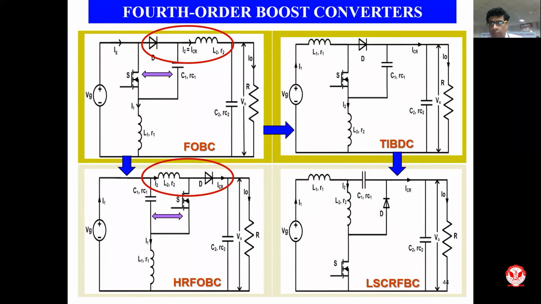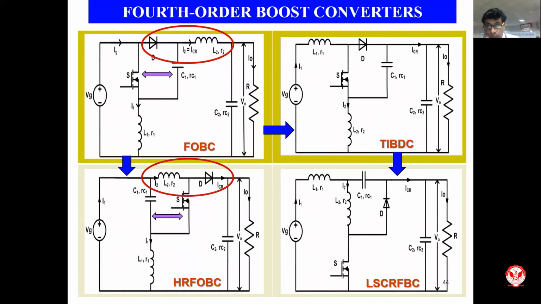So at one end it improves the steady state response, but on the other end it reduces the dynamic response. It goes with the simple theory that a higher value of inductor does not allow a sudden change in the current. If you want to change the load suddenly, then the current has to change instantly. But if you have placed a large inductor, it won't allow you to change instantly.